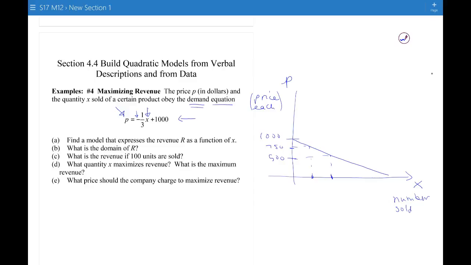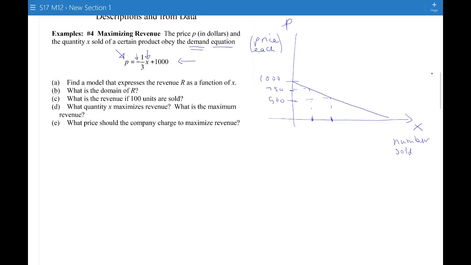And so this describes how people behave as the price changes. So they're thinking of it from the business's point of view, though, where the business is trying to decide what the price should be based on how many maybe that they can make or that they want to make.